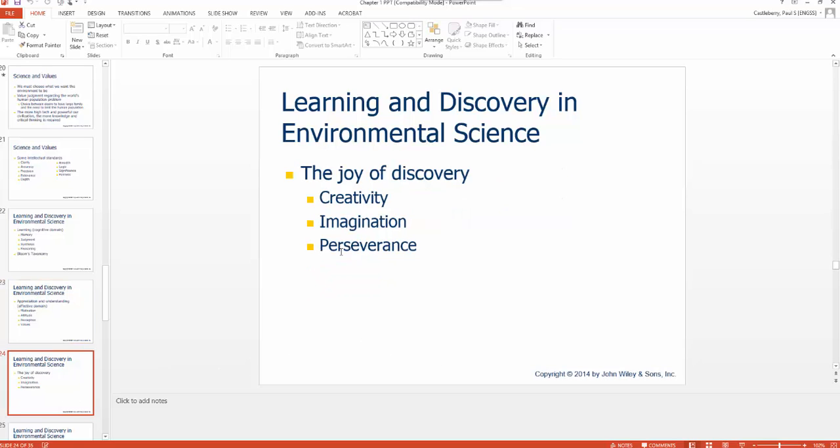And to do this, you need to have creativity, imagination, and perseverance as you're looking at these issues in environmental science. Now in Chapter 2, again I keep talking about Chapter 2, but in Chapter 2 we'll actually look at the scientific method, and you'll be able to apply Bloom's taxonomy to the scientific method.